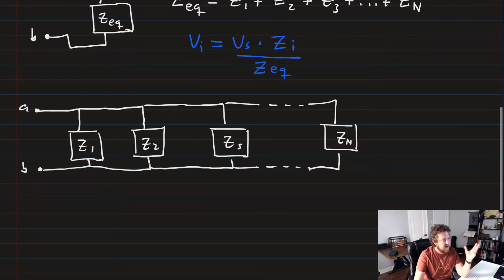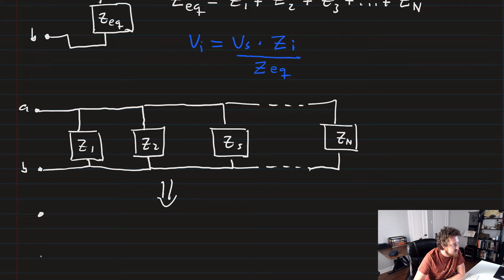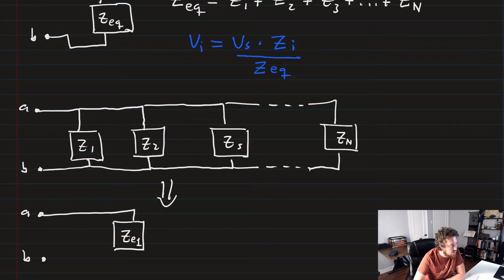If we want to combine all of that into an equivalent impedance, Z EQ between A and B, it's going to be exactly the same as it was for resistors.